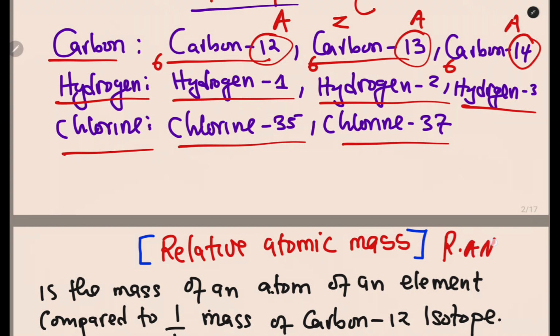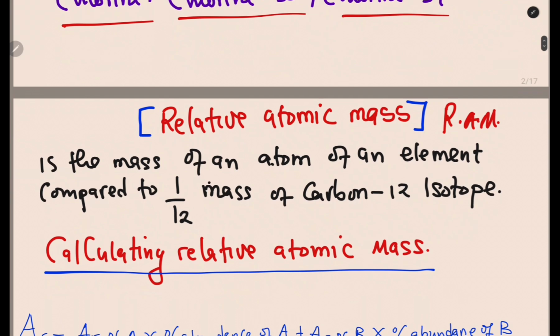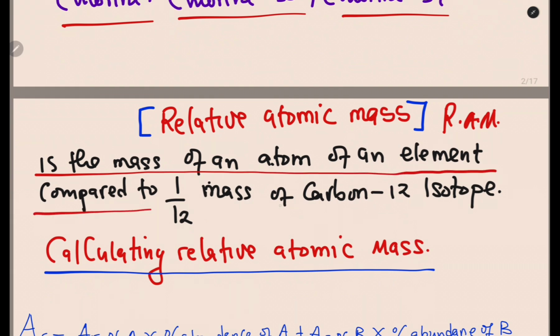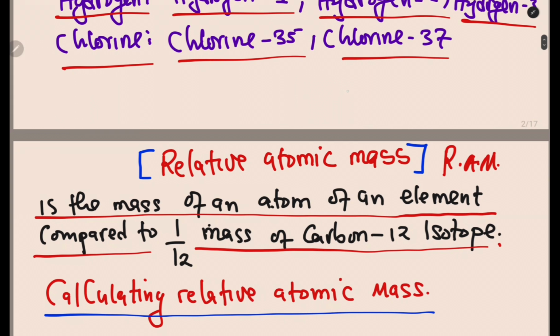Relative atomic mass. What is relative atomic mass? Relative atomic mass is the mass of an atom of an element compared to 1/12 mass of carbon 12. That is what we call relative atomic mass of an element. So all the elements that you find on the periodic table, let's say an element X, then on top there's A, then there's Z. This is just general.